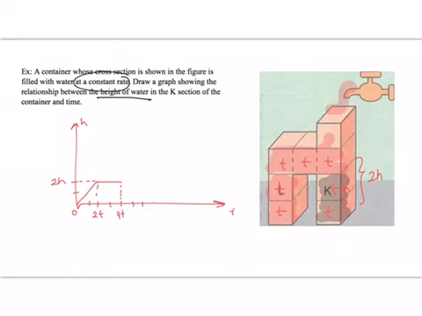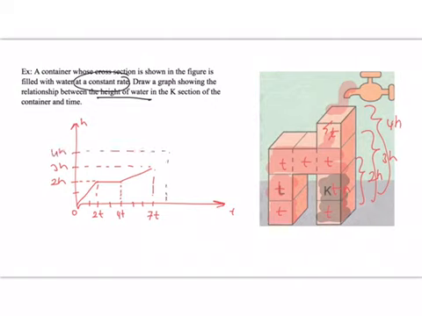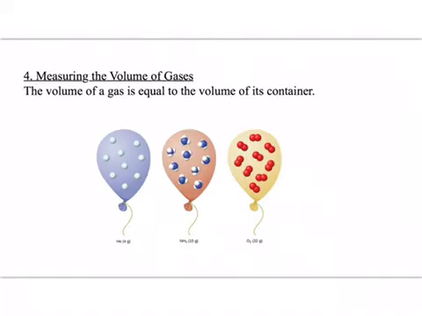So the total time will be equal to 7t, and we come to a height of 3h. Our graph will be like this, and then the last part will be filled in a time interval of t, giving the height 4h, and the container will be full.